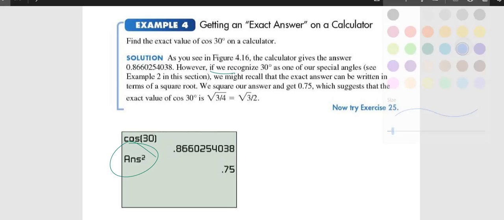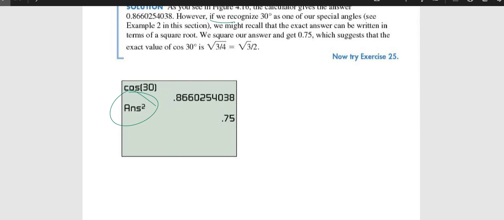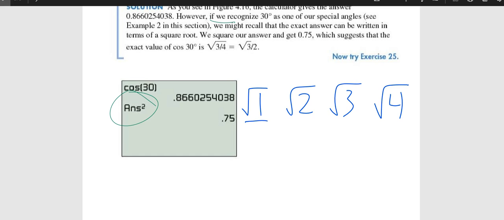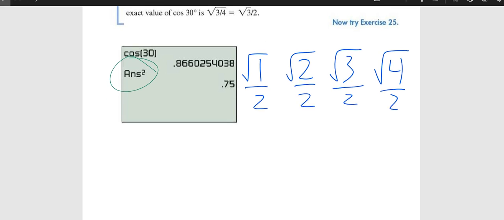Now, what I think is going to be more useful to you next week is for you to look at these 4 numbers. And then I'm going to take the square root of those numbers. And then I'm going to divide them by 2. Those numbers all go in order.